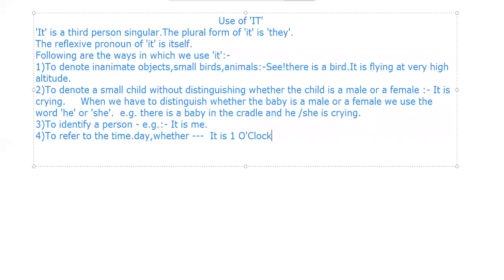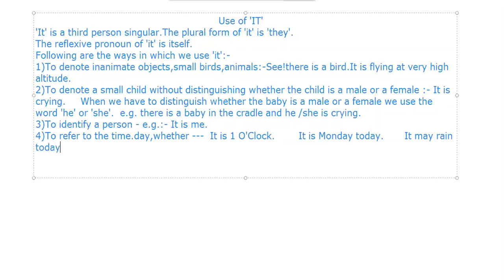So I'm referring to the time. I can also say it is Monday today. So I'm again referring to a day. It may rain today. I'm referring to the weather. So these are the places where we use it.